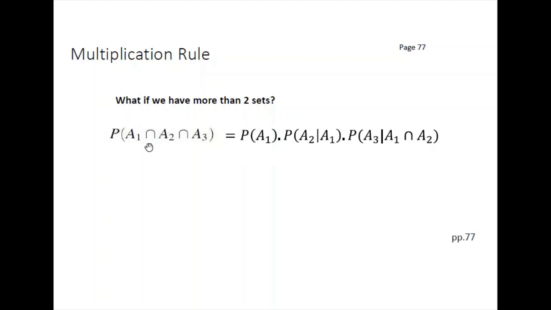So if A1, A2 and A3 happen one by one, it is the probability of A1 multiplied by probability of A2, given that A1 has already occurred, multiplied by probability of A3, given that A1 and A2 have occurred before A3.